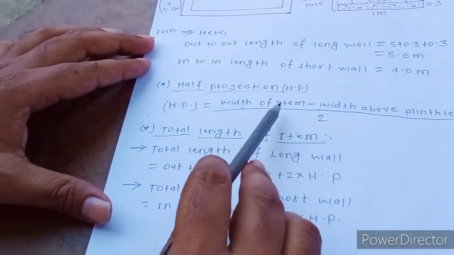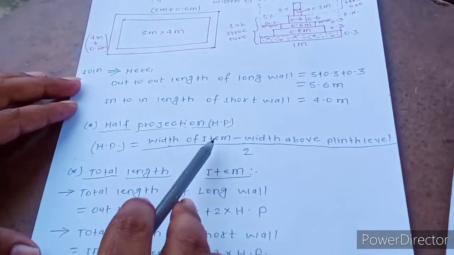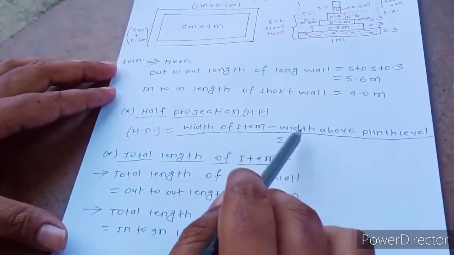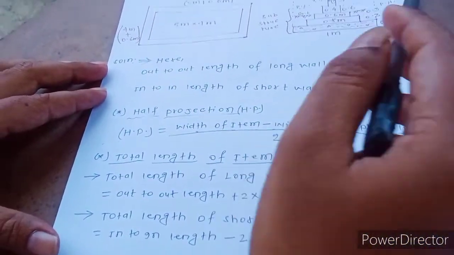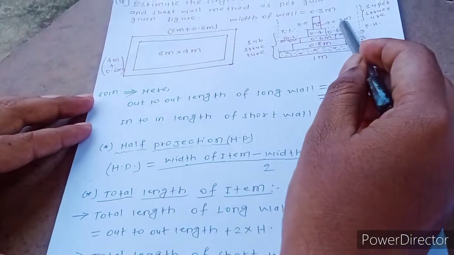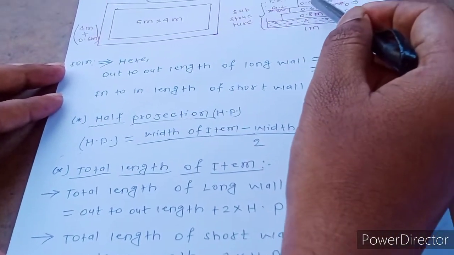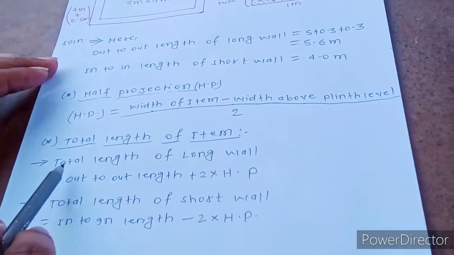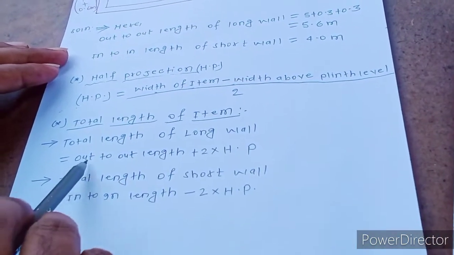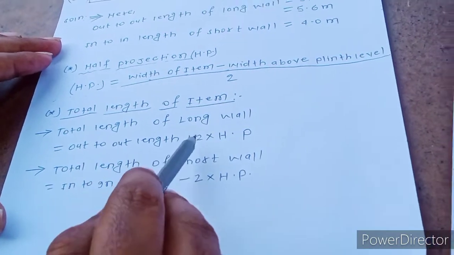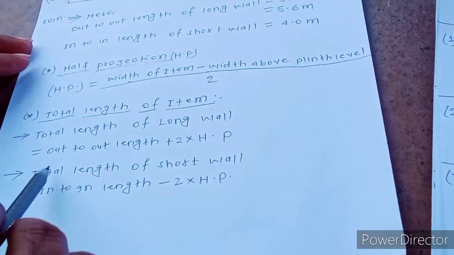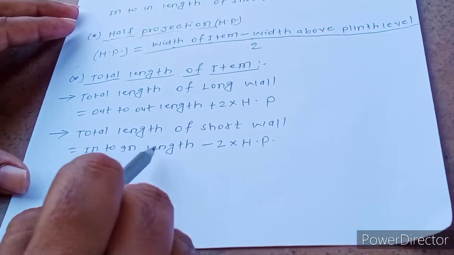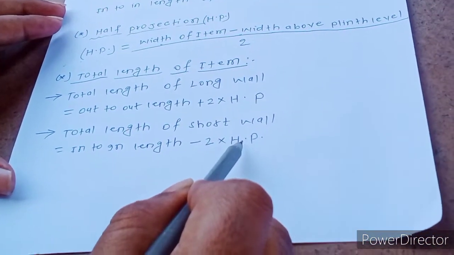The width of the item means the item on which we are going to calculate, that item's width, minus the width above plinth level, which means the width of the wall, 0.3 meter, since above plinth level is wall, divided by 2. So the total length of the long wall is equal to the out length plus 2 into half projection, and the total length of the short wall is equal to the in length minus 2 into half projection.